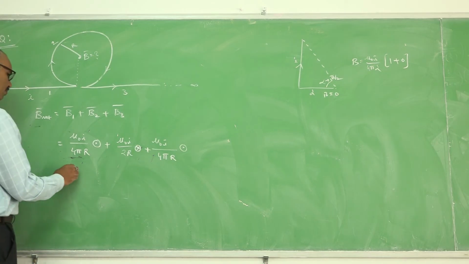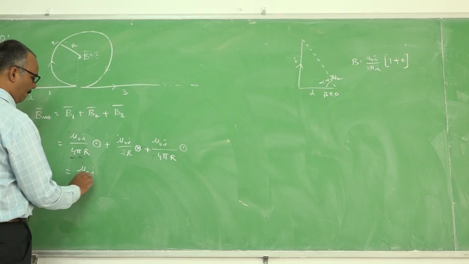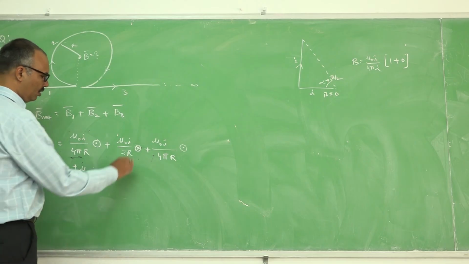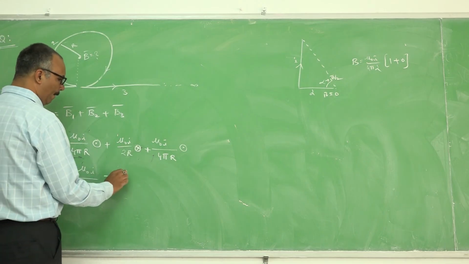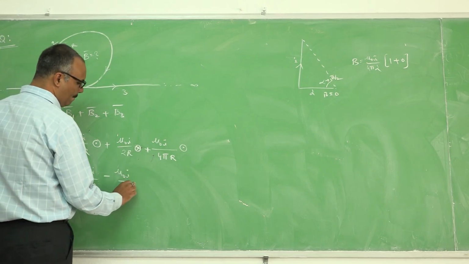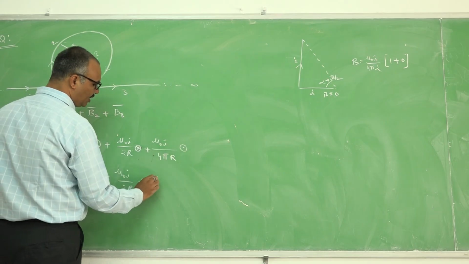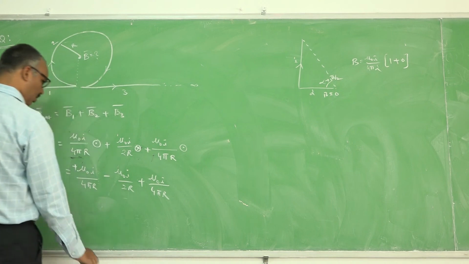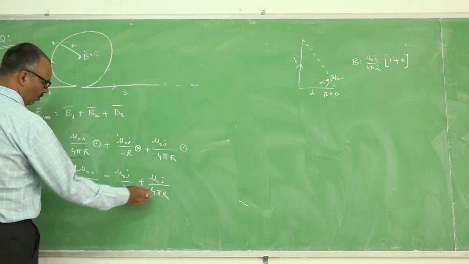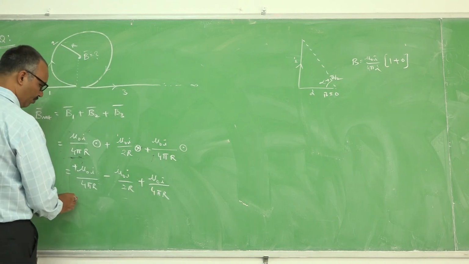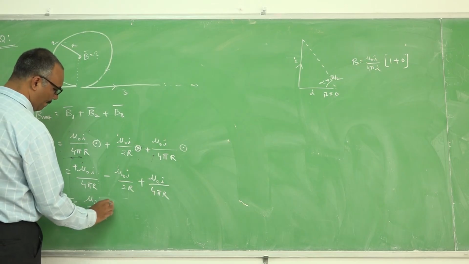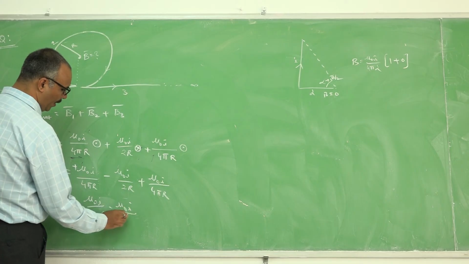So mu naught I by 4 pi r is given a positive sign as it is out of the paper. It is given a negative sign as it is into the paper. It is also given a positive sign as it is out of the paper. So this is 1/4 plus 1/4. It becomes half. So mu naught I by 2 pi r minus mu naught I by 2r.